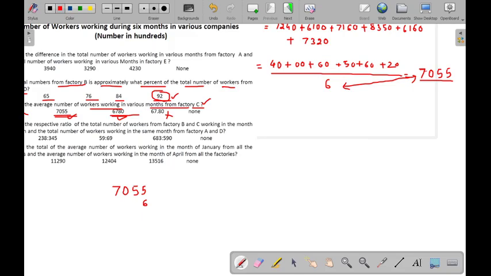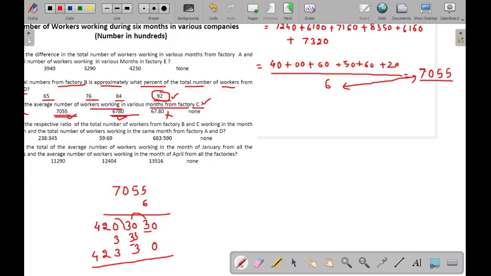When we multiply 7055 into 6, we get 42330. The last two digits are 30.